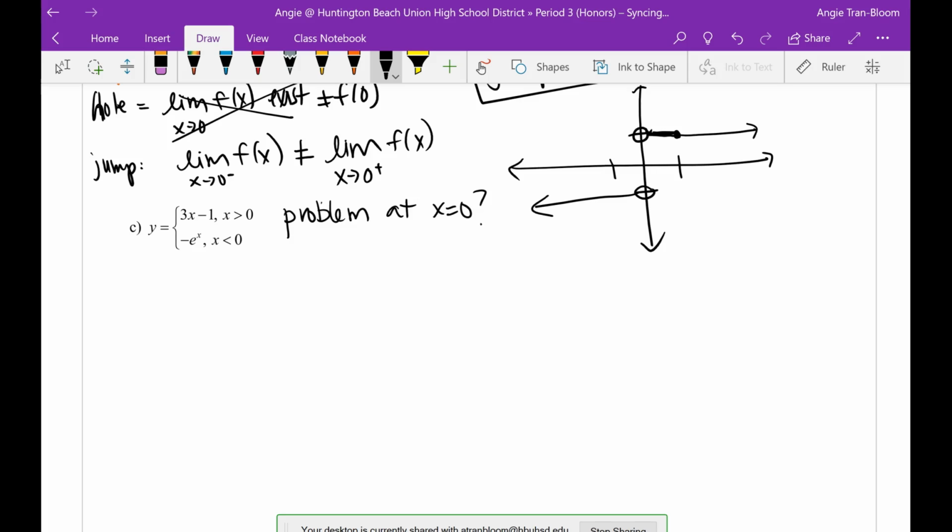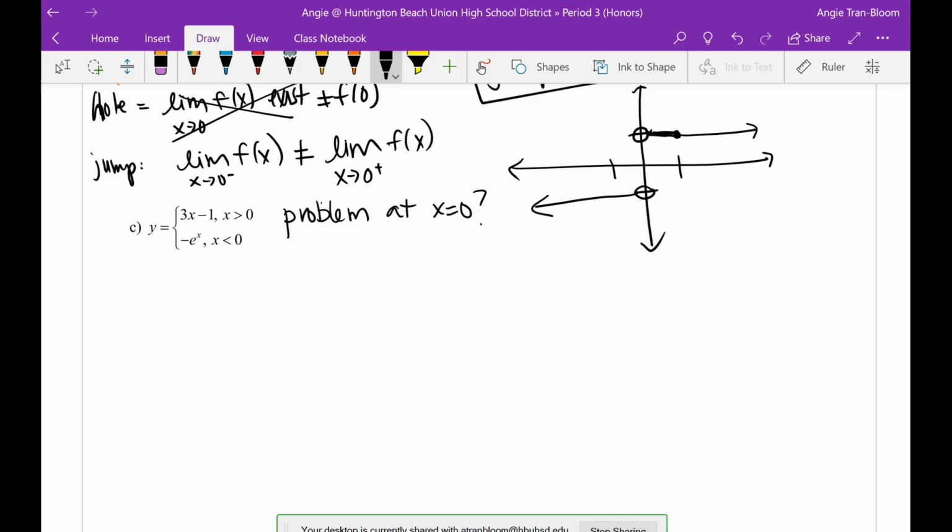What kind of problem? A discontinuity, obviously, right? What kind of discontinuity? A jump, a hole, a vertical asymptote? Okay. Now, how do we do this? What do we do to find which type of discontinuity?